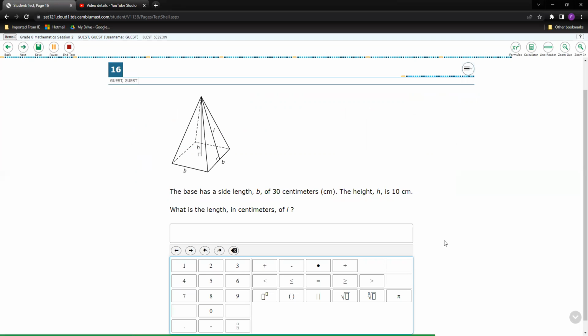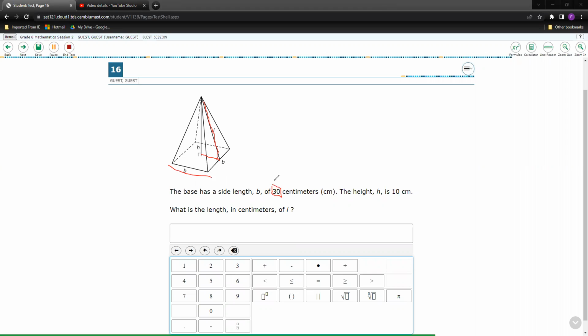Okay, now we go to Pythagorean theorem. We're looking for this line, which is a hypotenuse. We're looking for the line L, for which we have a right triangle that goes only halfway into B. So that little segment right there is half of 30 or 15.